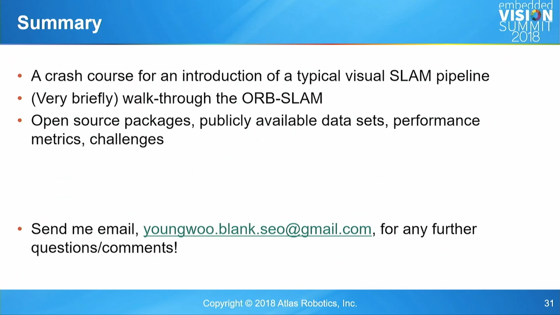At the same time, you increase the computational resources. In a typical case, if you use a laptop with an Intel Pentium 7 at 3.2 GHz with 16 gigabytes, you can run ORB-SLAM in real time with about 100 features. It's going to give you pretty decent performance.